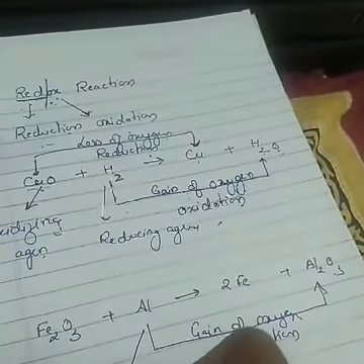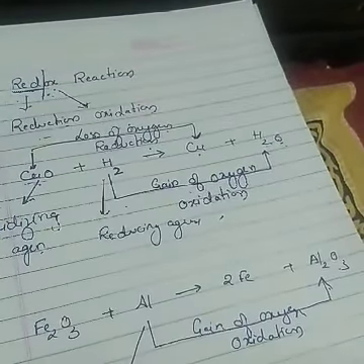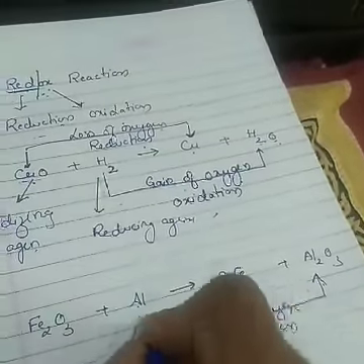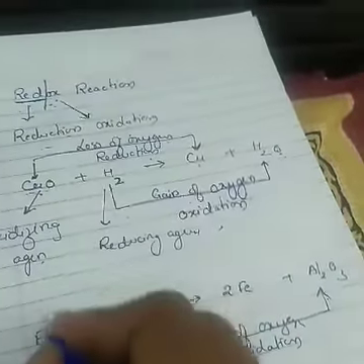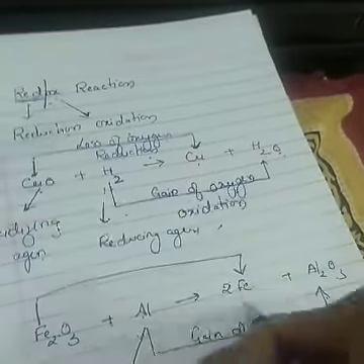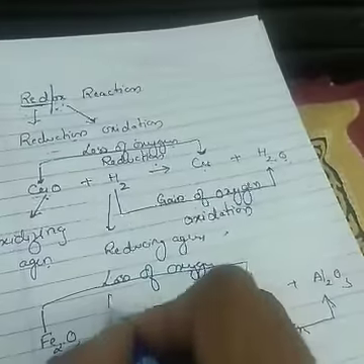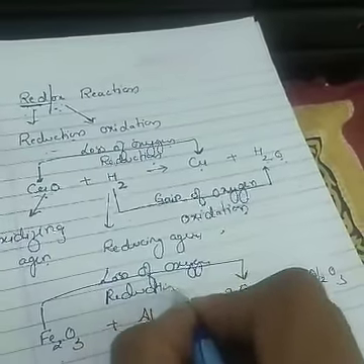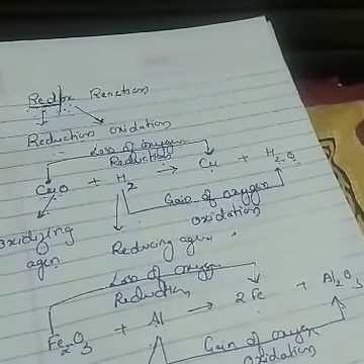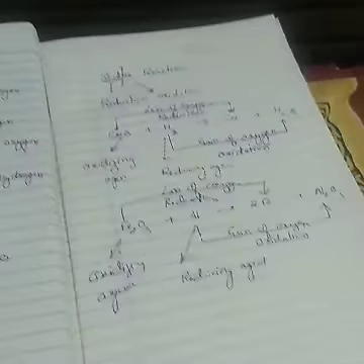So aluminium will be the reducing agent. Wherever oxidation is taking place, that element or compound will be the reducing agent. Now iron oxide has been changed into iron. Loss of oxygen has taken place. So this is reduction, and this is the oxidizing agent. Clear?